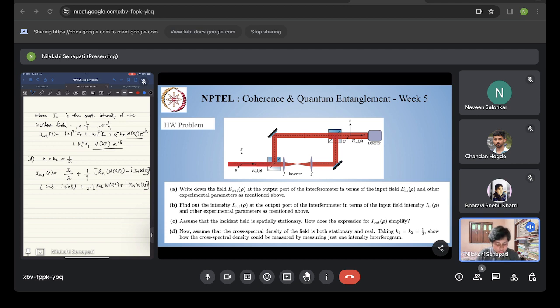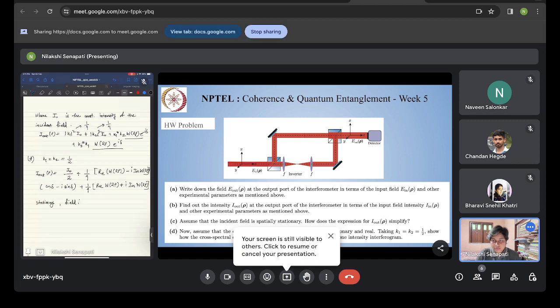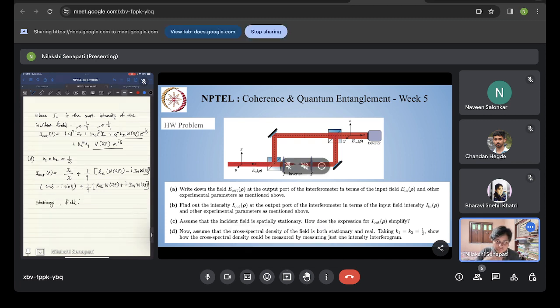So now it is mentioned for this question that the field is, first of all, stationary, and the field is real. I hope you can understand that it is told to assume that the cross spectral density of the field is both stationary and real. This is conditional. Like in one class somebody of you was asking why we are not always using this, it can be stationary, it can be real also, with various conditions.